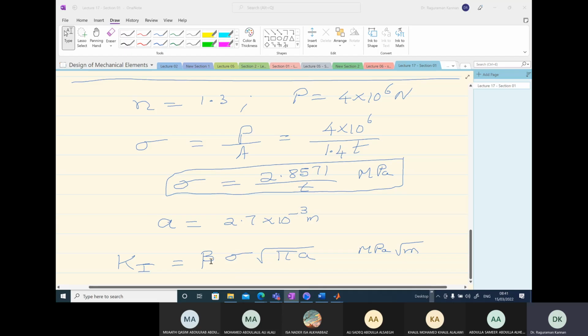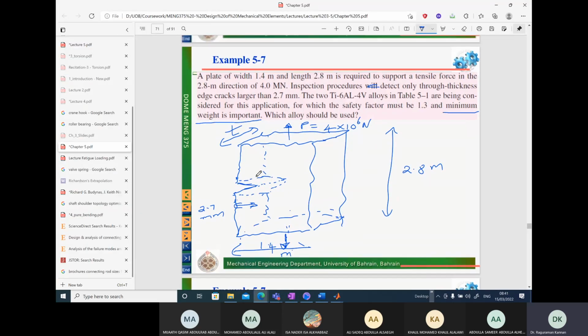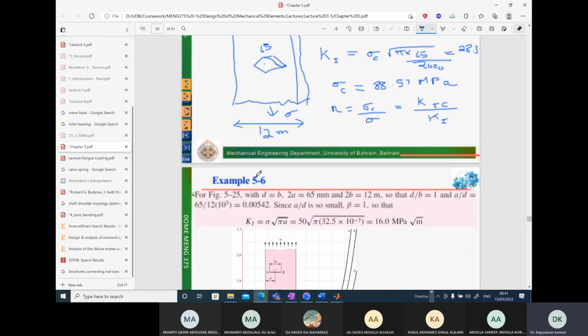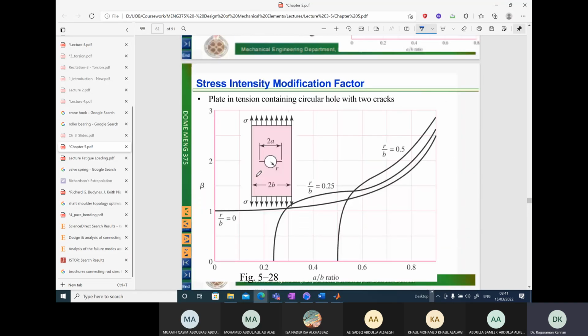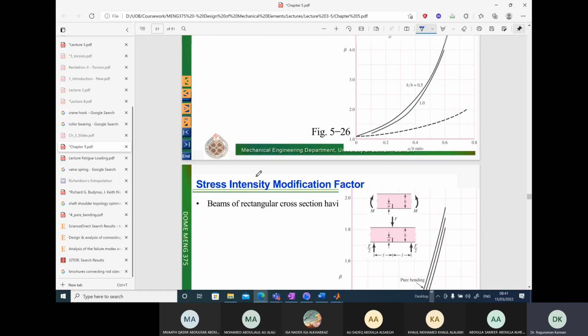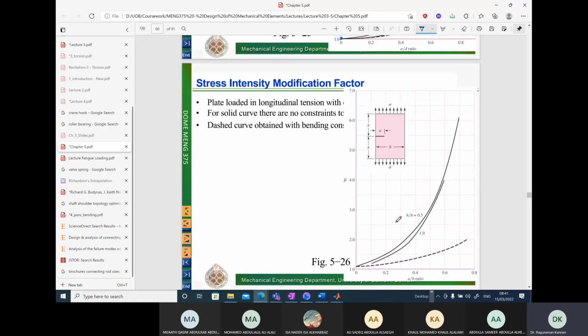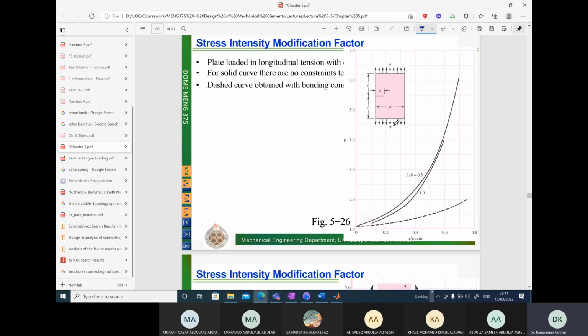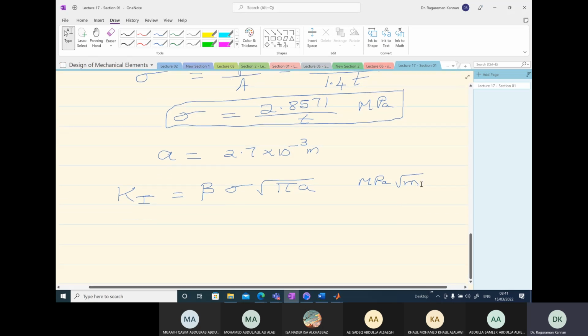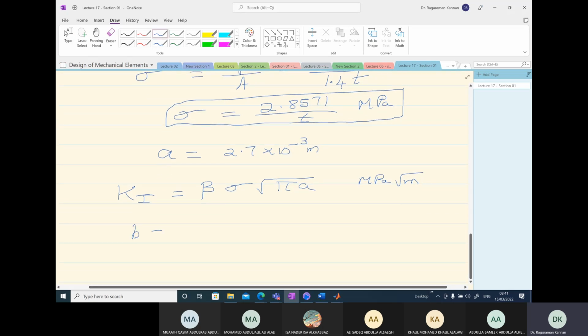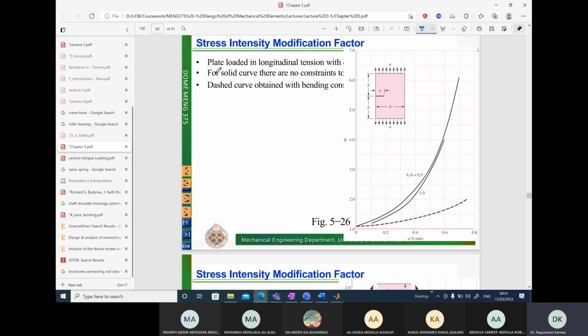What is the beta value? To get the beta value for an edge crack, we need to go back to one of the graphs we have seen earlier. And remember, it is an edge crack with a tensile load. So this is the appropriate graph here. We can see from the graph what the B value and the H value are. So what is B here?